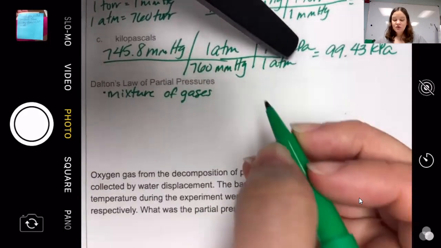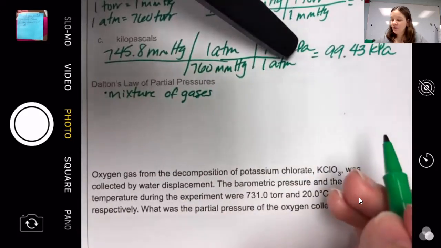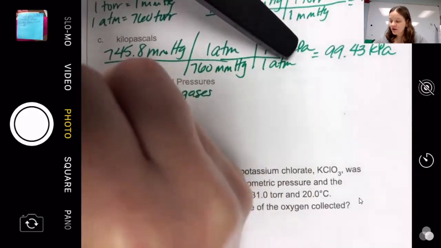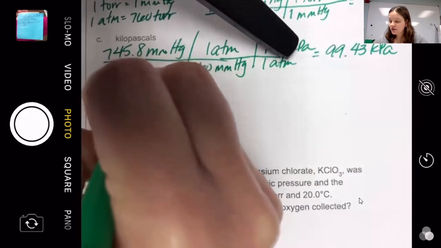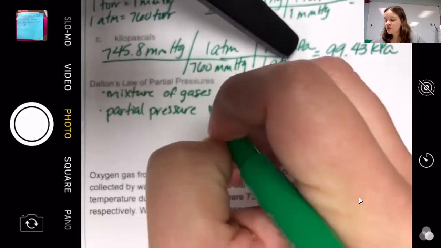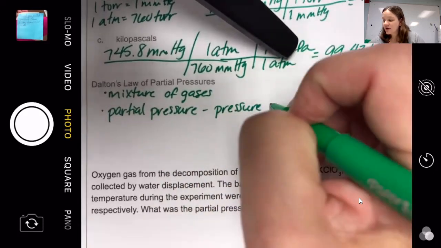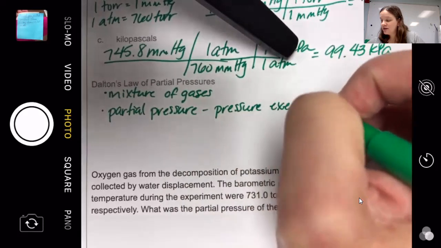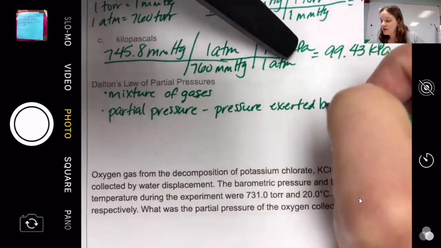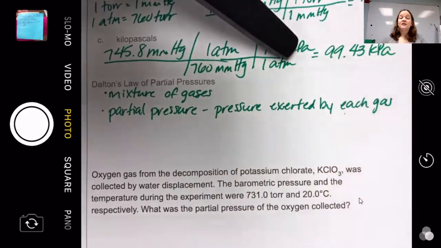The pressure of each gas is called the partial pressure, the pressure exerted by each gas, because each one is going to be exerting its own pressure.